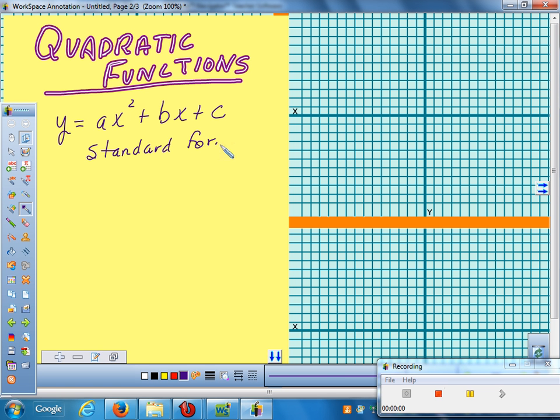To be quadratic, it must have a squared term, has to have x squared in it, and that has to be the highest power. If it was x cubed or x to the fifth, it would not be quadratic.